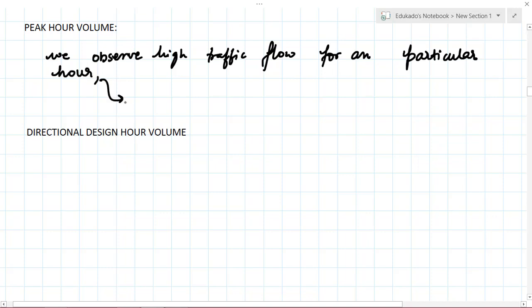The hour in which the traffic flow is very high, or you can say the highest, that hour is known as the peak hour, and the amount of volume that you are getting in that hour is the peak hour volume.